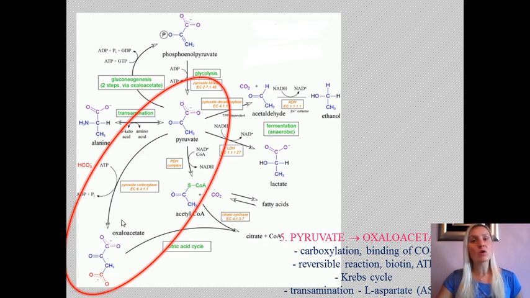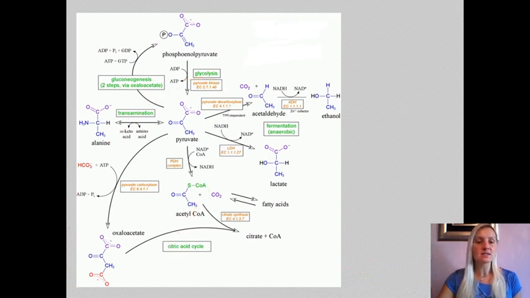Oxaloacetate formed by this reaction can be transferred to the citric acid cycle, the Krebs cycle, in order to obtain a certain amount of energy, or in the process of transamination it can be converted to aspartate in the reaction catalyzed by AST, aspartate aminotransferase.